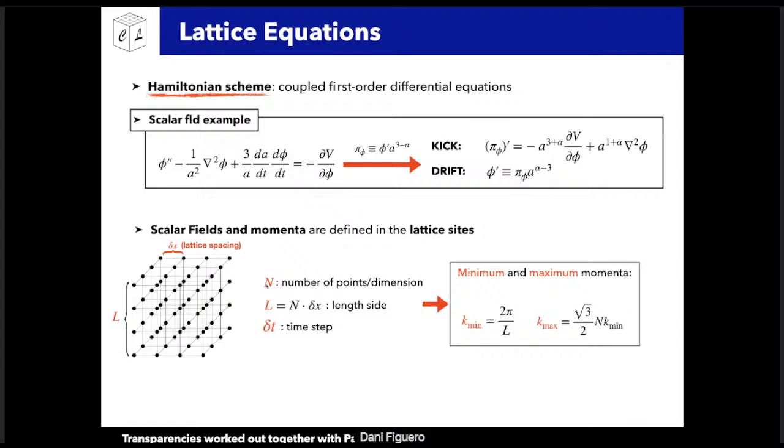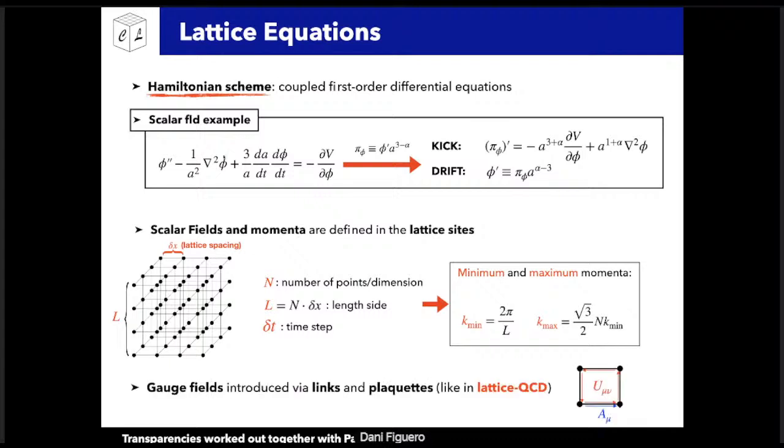Now, you choose the number of points per dimension, the length of your box, and the time step. And naturally, in your lattice, there's always going to be a minimum infrared momentum, which is determined by the length of the box, and a maximum ultraviolet momentum, which is determined by the number of points per dimension, or if you want, by the lattice spacing. What is your ultraviolet resolution?